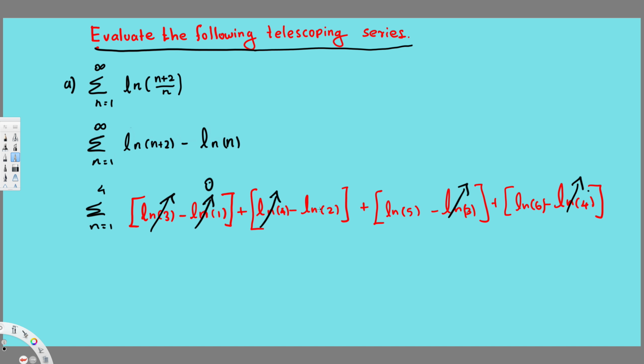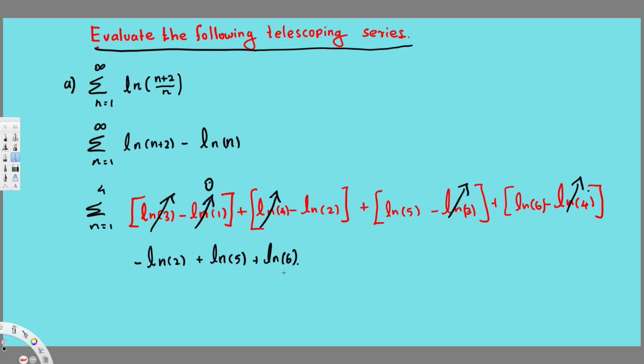So we have negative ln 2, ln 5 and ln 6 remaining. Let's write down what is remaining: negative ln 2 plus ln 5 plus ln 6.